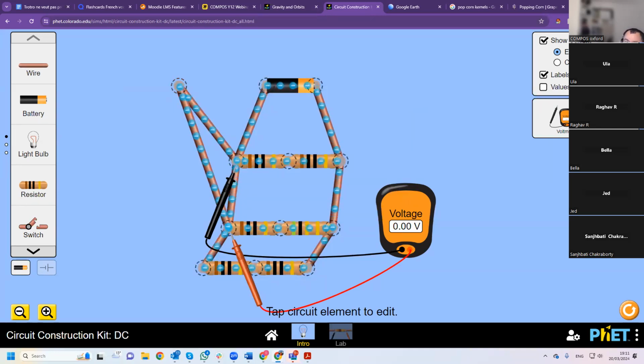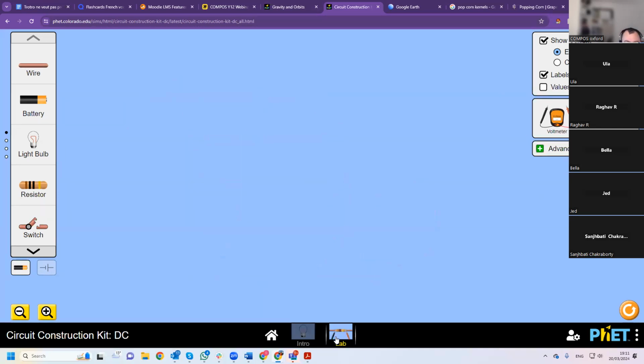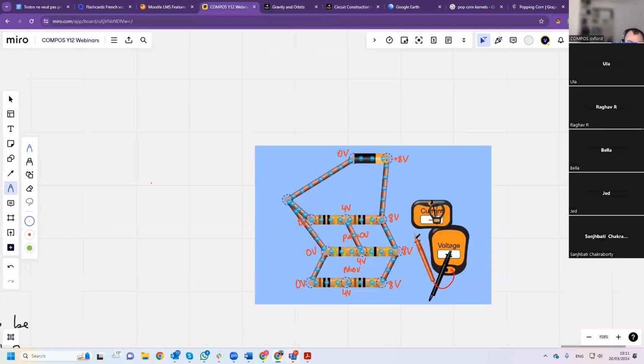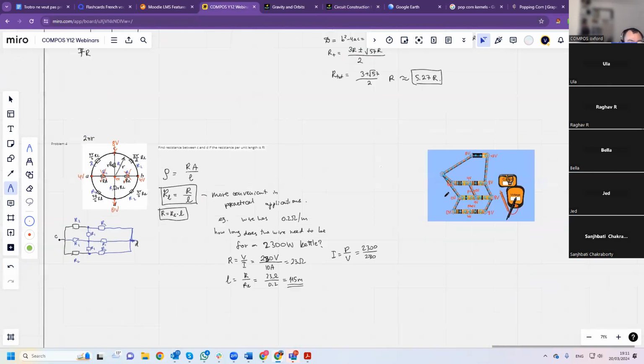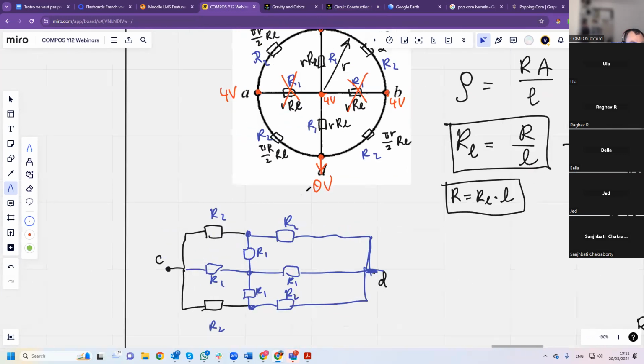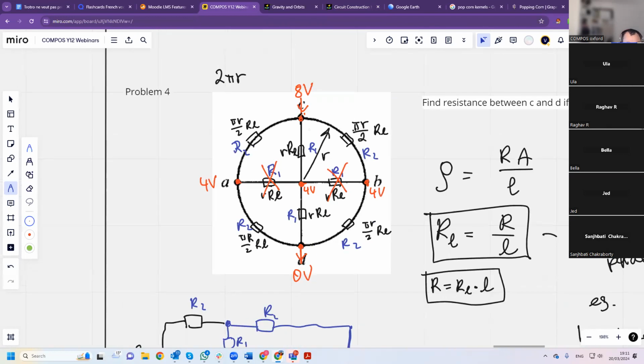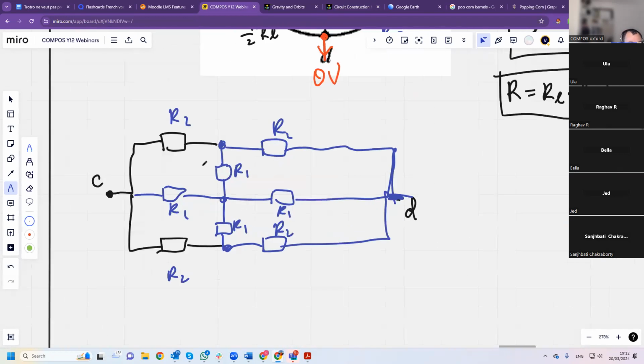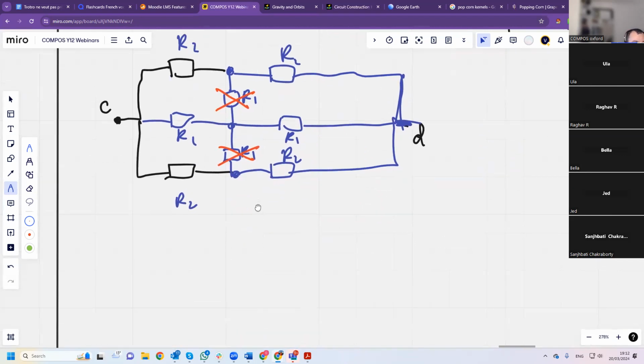Also, in wires, there's always a small resistance if it's not a superconductor. Then, here, because of the symmetry of the network, these resistors are pointless, and therefore we can remove them.